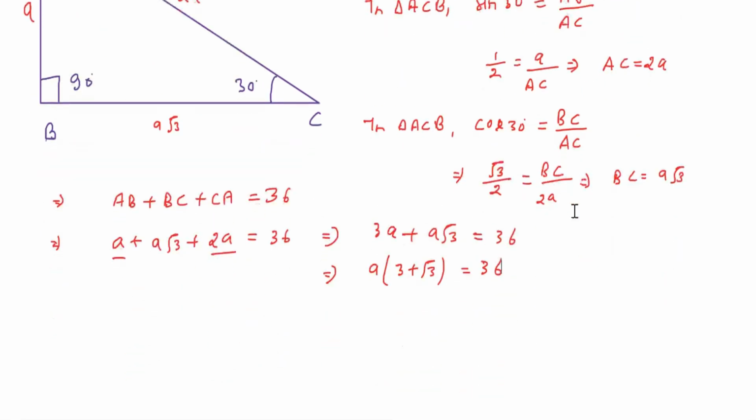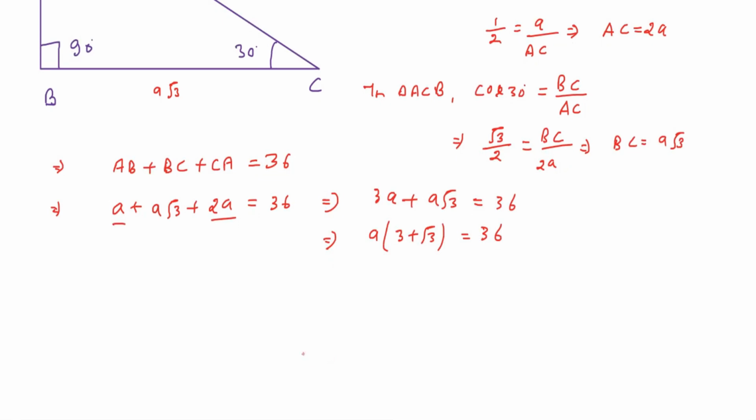So from here we will have a is equal to 36 divided by 3 plus square root of 3.